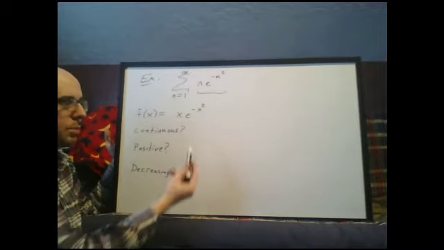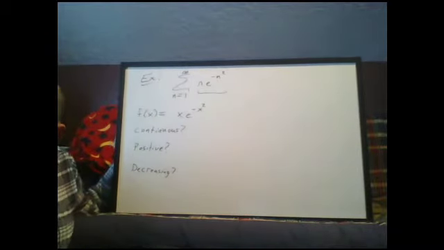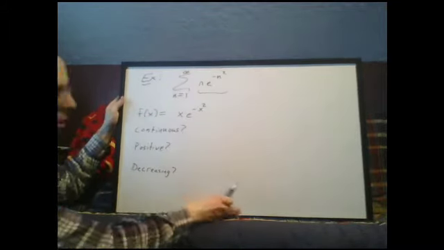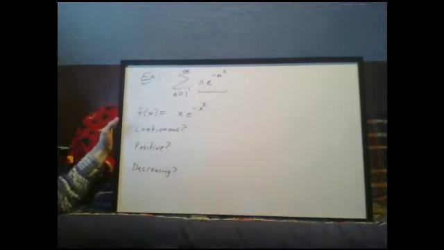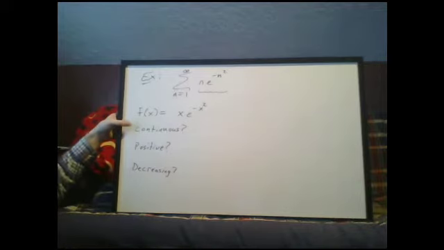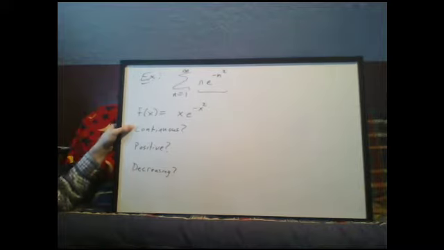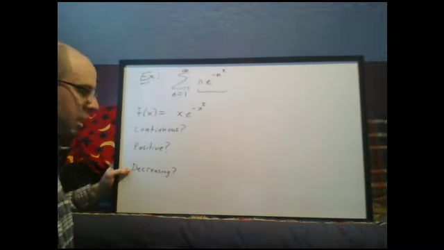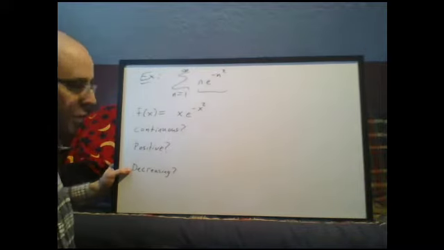Okay, so let me approach this slightly differently so I can make a point. Generally, it's easiest to check it in this order. I mean, continuity is the simplest thing to check. Then positive is a little bit harder sometimes. Decreasing is harder because you have to take the derivative.